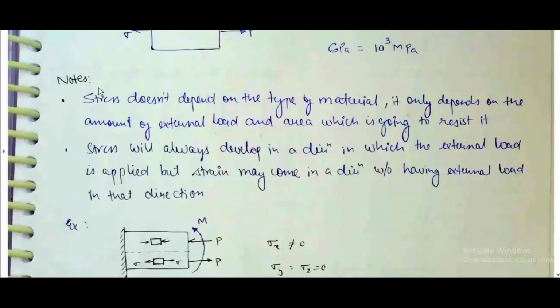Notes: stress doesn't depend on type of material, it only depends on amount of external load and area which is going to resist it, as we can see from the formula.